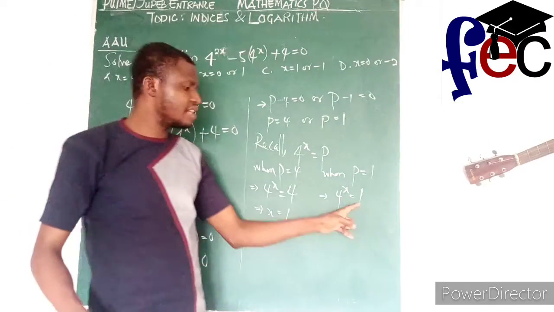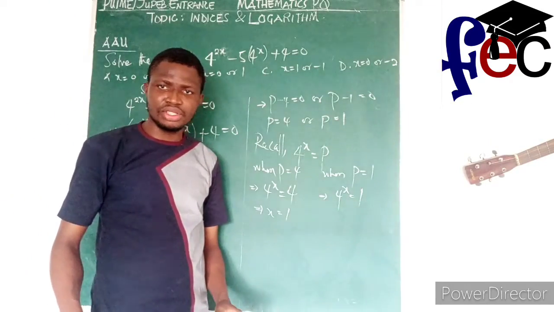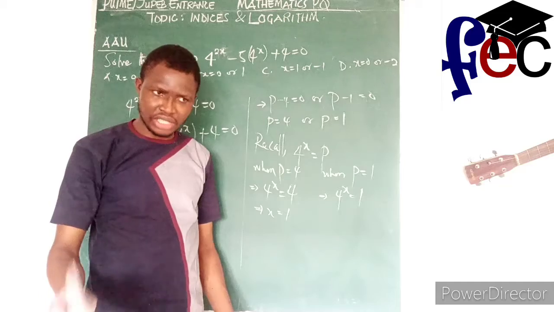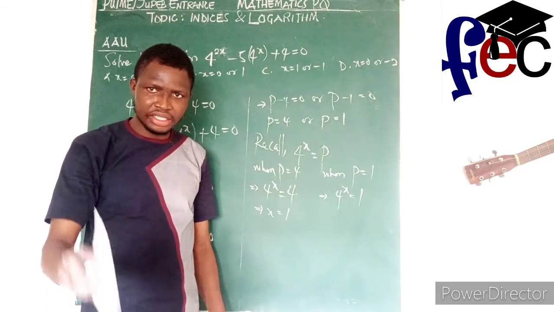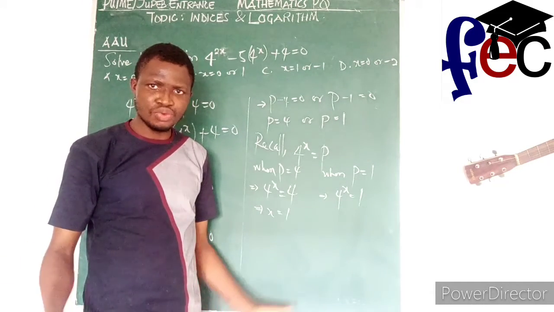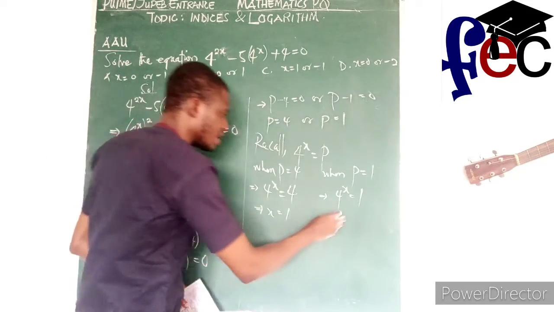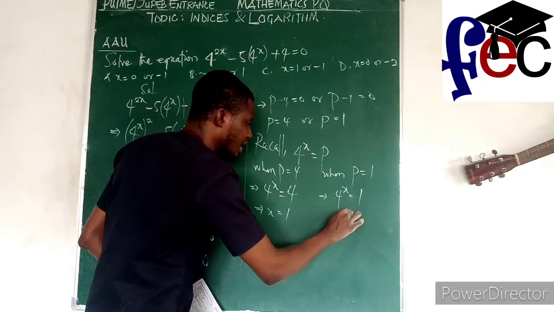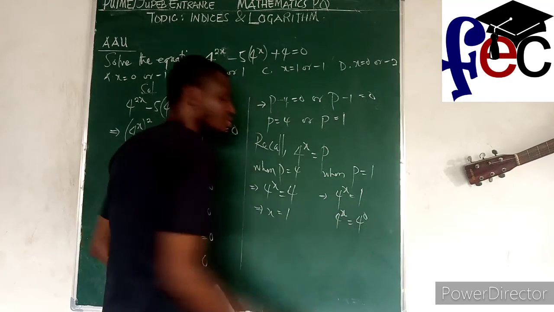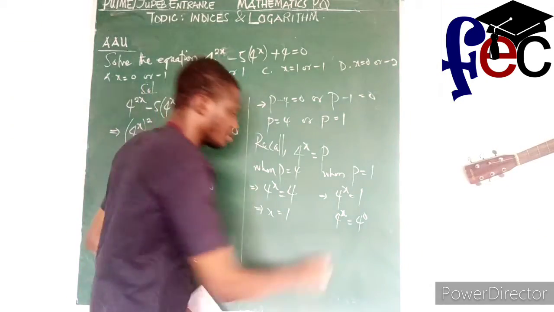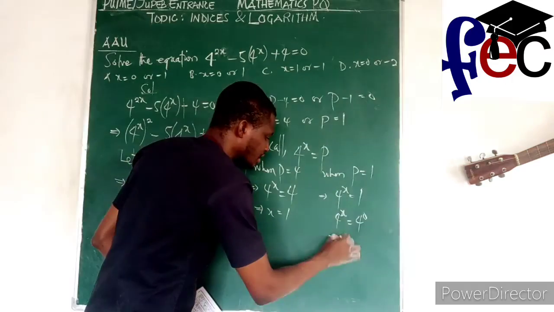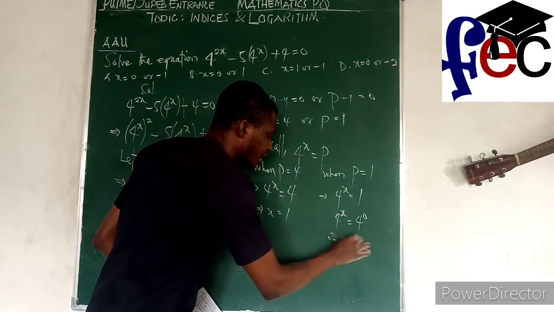Is there any way I can express 1 as an index notation to base 4? Yes. Because I do know that anything raised to power 0 is 1, provided that thing is not 0. You get it? So that means that I can write this as 4 raised to power x is 4 raised to power 0. So that from here I can say that therefore x will be 0.